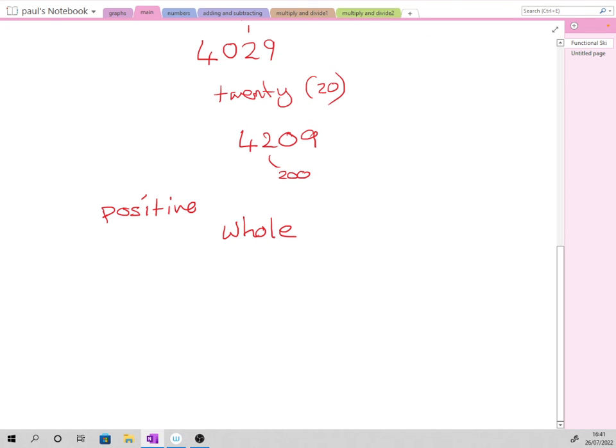They're just whole numbers. And the word whole number, you might see this in textbooks and questions: integer. Integer means a whole number. Whether it be negative or positive, any whole number is called an integer.